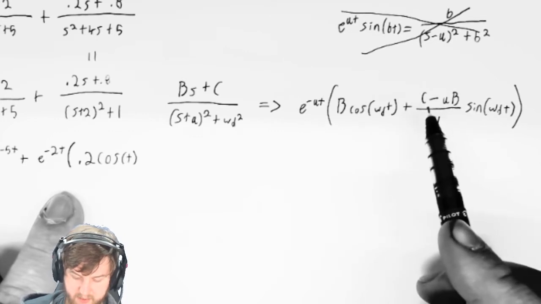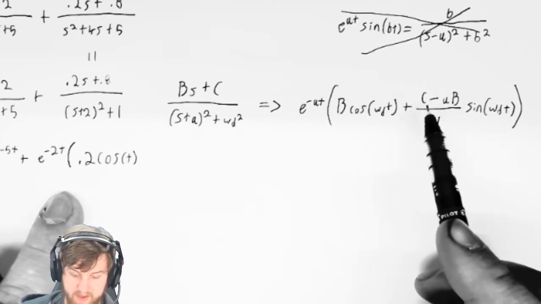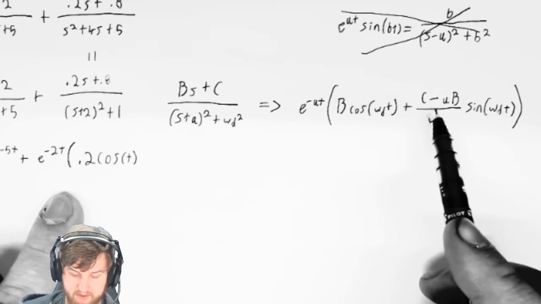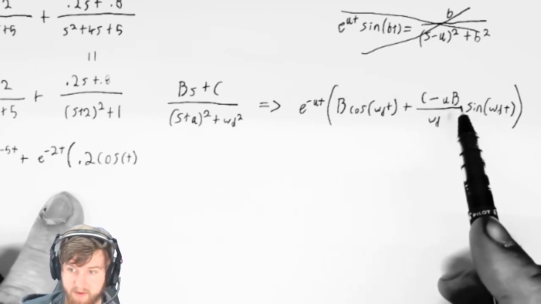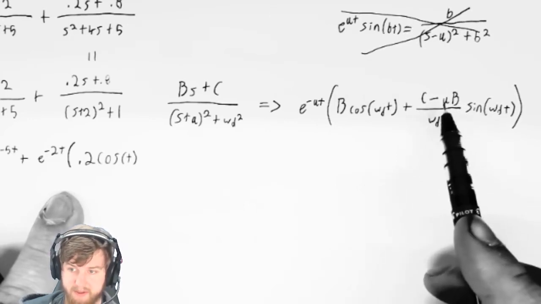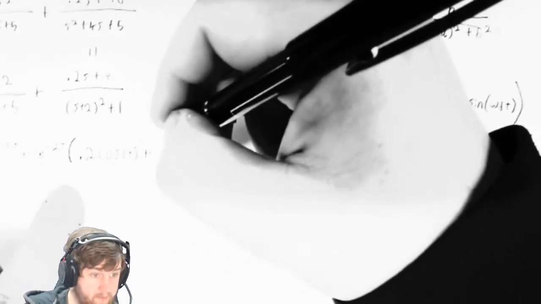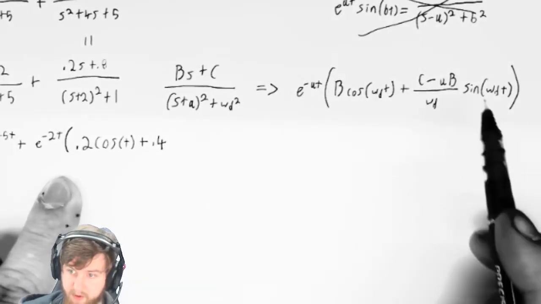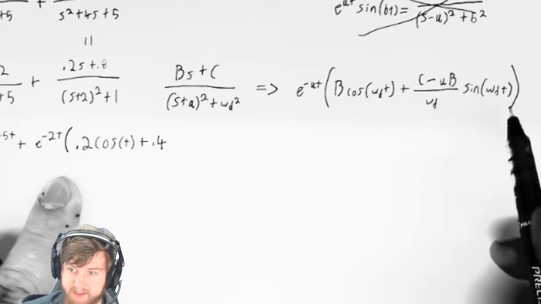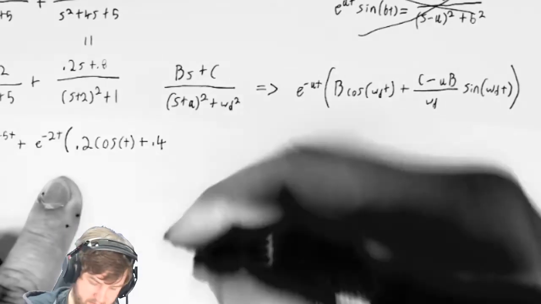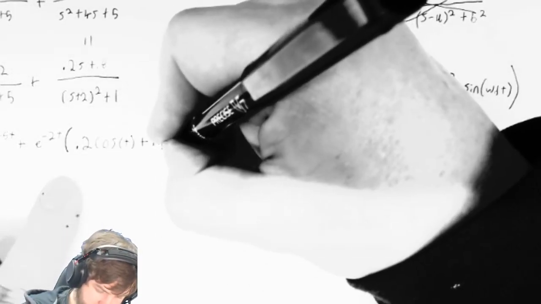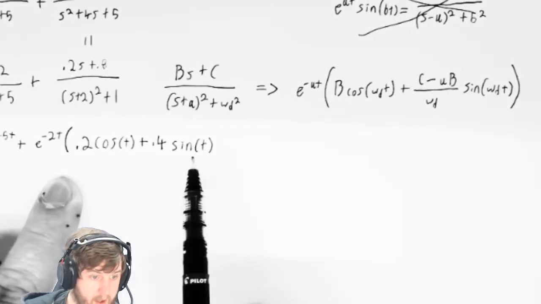So that is going to be 4/5 minus 2/5 over 1, so that's going to be 0.4 times sine omega d t, which omega d is 1. So times sine of t. And I think that just about wraps it up.